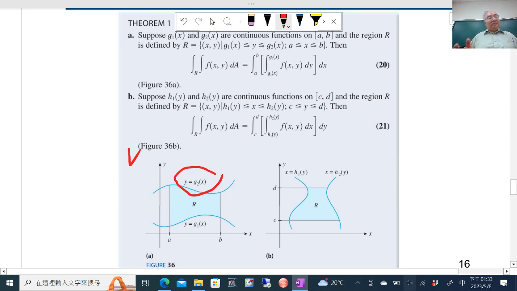Okay, and since this region is a two-dimensional region, we expect one variable can be expressed in terms of the other variable.